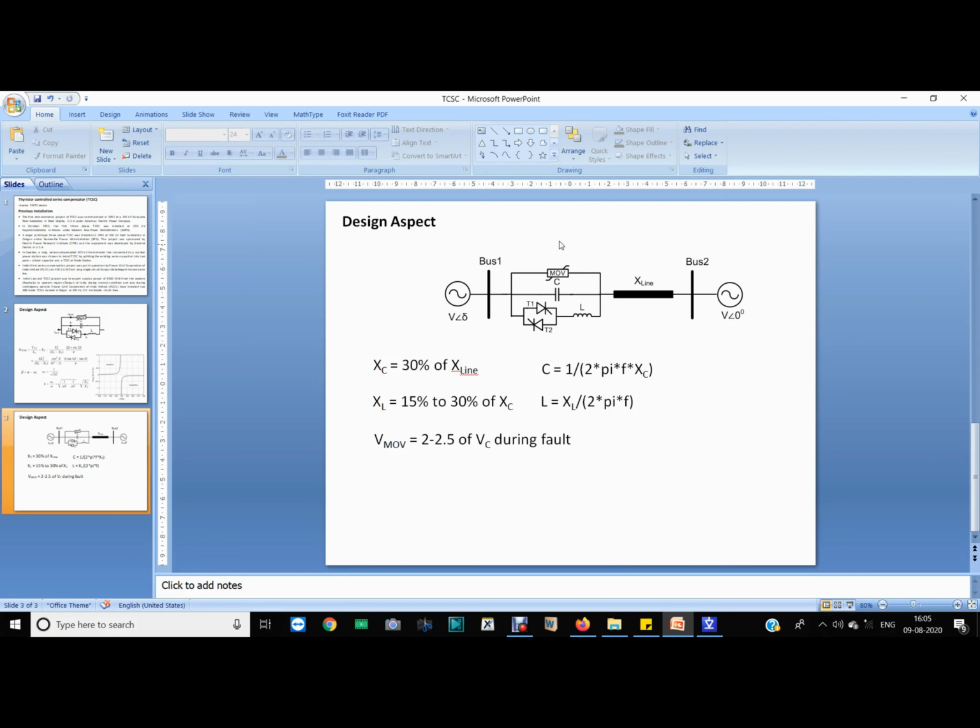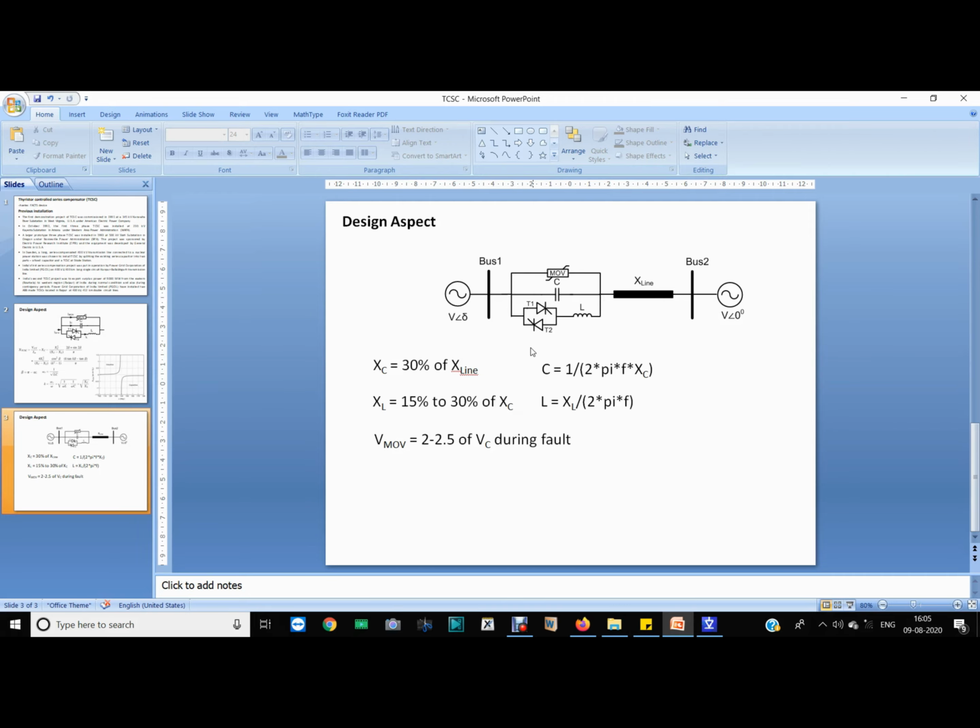Now the voltage across MOV we need to calculate. The operation of MOV will provide the over voltage protection of capacitor during fault. So if there is a fault in the transmission line, say very near to the TCSC, the fault current will be very high, and the voltage across the capacitor will also increase. Measure this voltage across capacitor during fault condition.